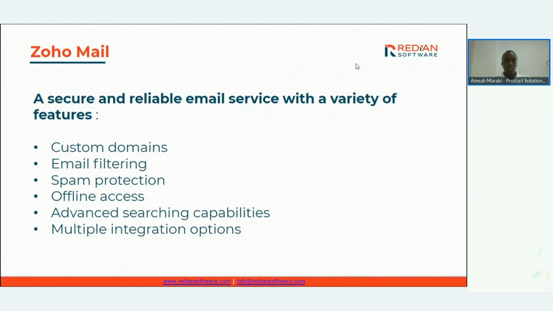You can also access Zoho Mail offline, and once you're online, everything that you did while offline will be synced automatically. With advanced searching capabilities, you can easily search for emails regardless of when they were sent to you. It also offers multiple integrations that can be very good for your business.